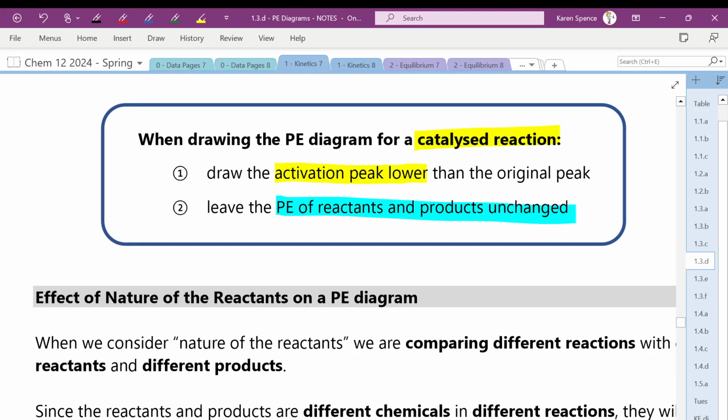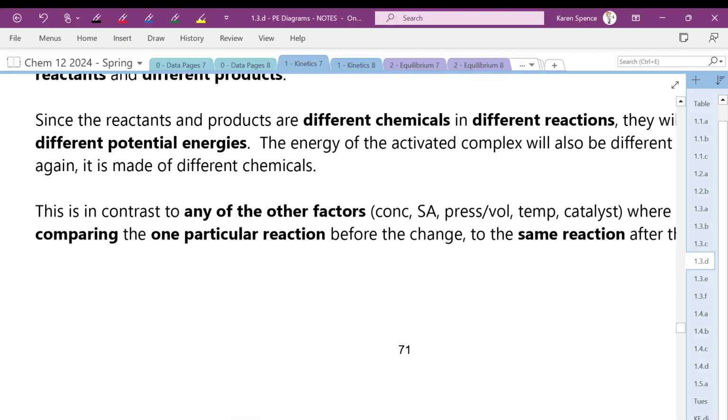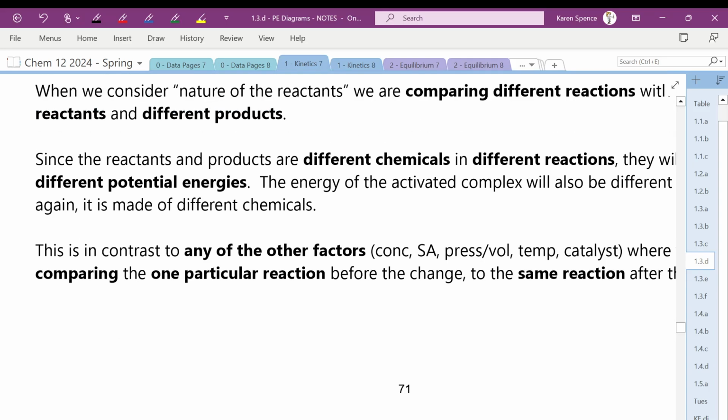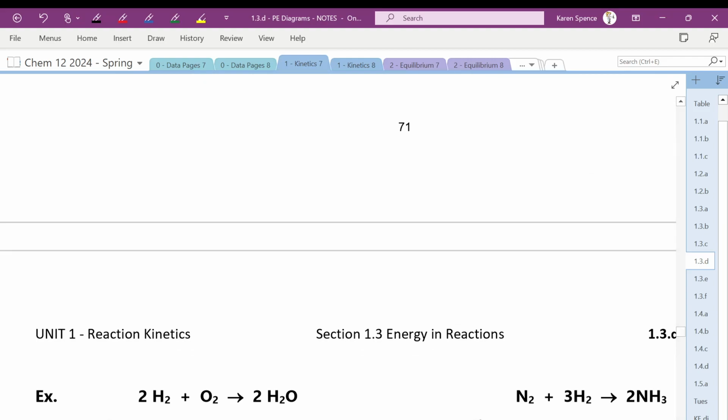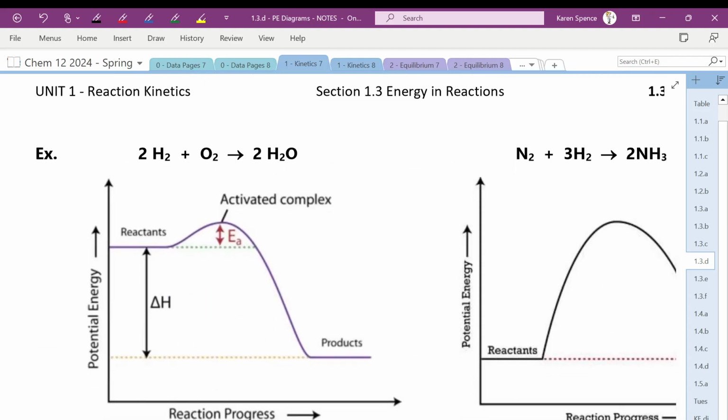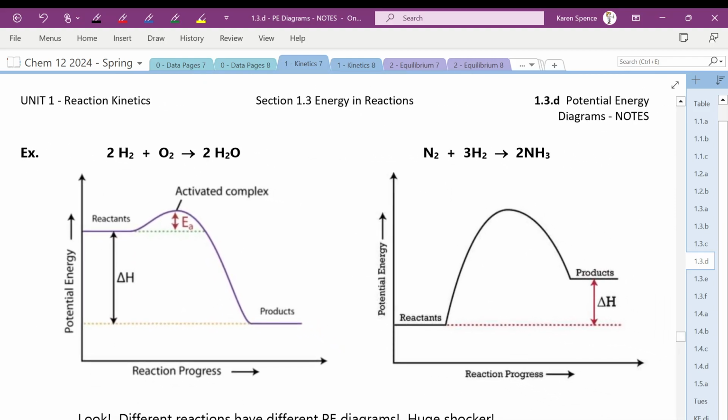I think we've already talked about this. If we consider the nature of the reactants and we're comparing different reactants, one might have a different energy than another. I don't even know what I was going about here. Let's just go here and let's look at, ooh, here's two different reactions.